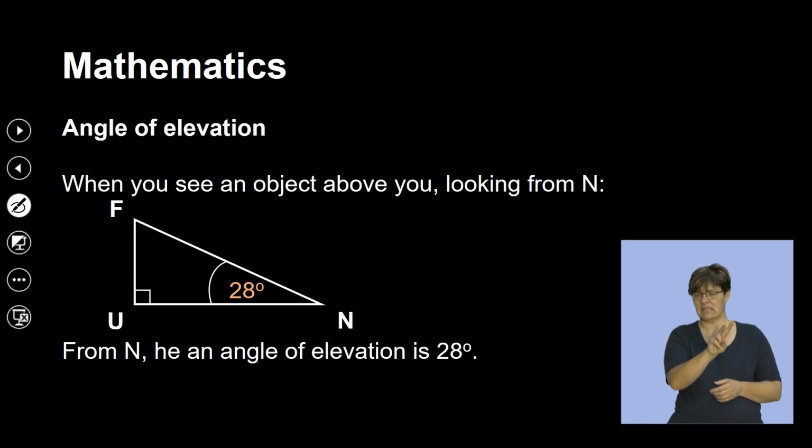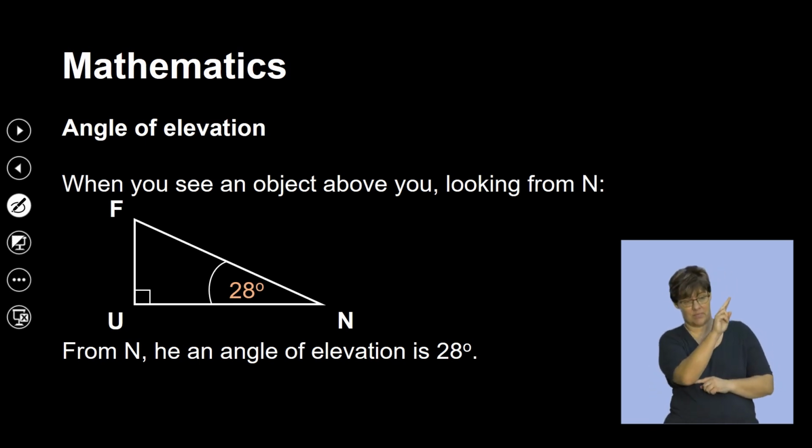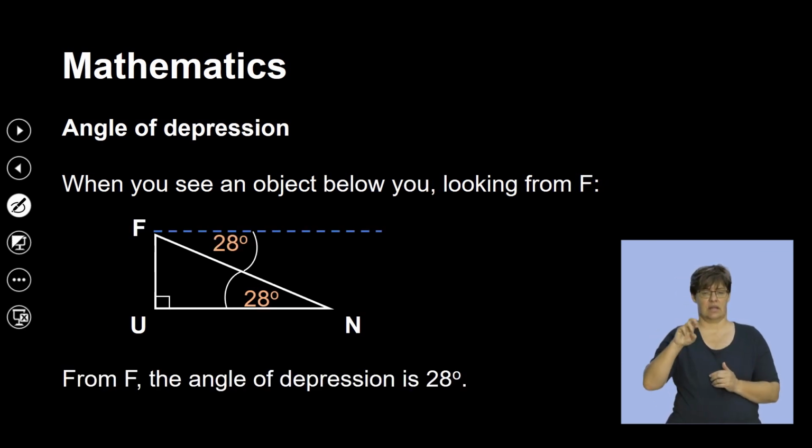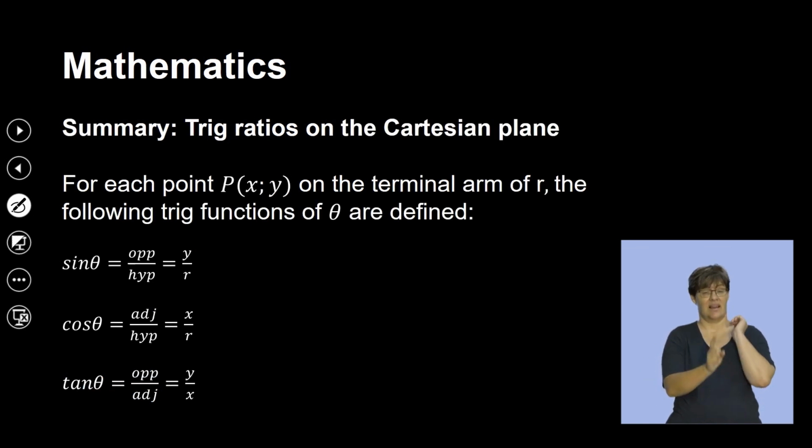Also, when you look at an object above you, remember that we are talking about the angle of elevation, and if you're looking at it below you, we're talking about the angle of depression. And then lastly, for each point, we're now going to use x, y, and r to talk about the ratios.